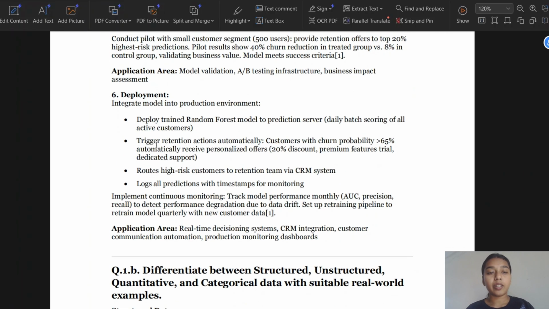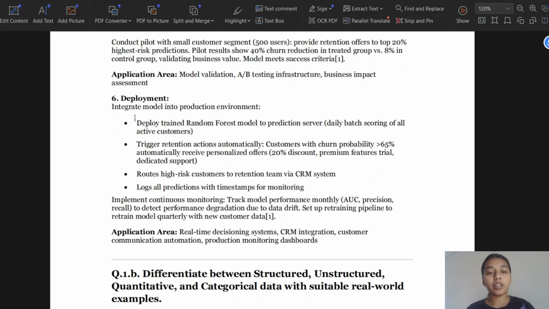Sixth is deployment. Integrate the model into the production environment. First, deploy the trained random forest model to a prediction server. Second, trigger retention actions automatically. Third, route high-risk customers to the retention team via the CRM system. Fourth, log all predictions with timestamps for monitoring.